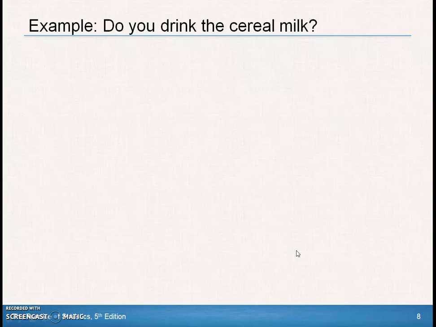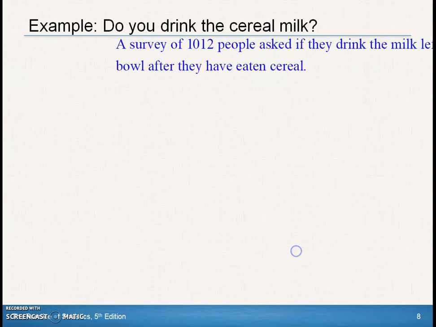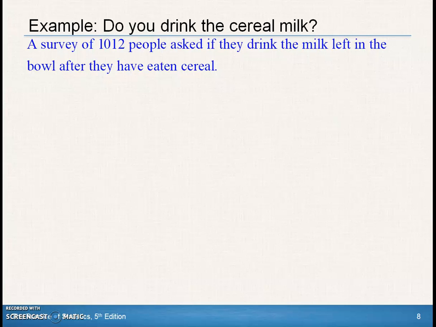So let's have an example, how we're going to use this stuff in problems. A survey of 1,012 people asked if they drink milk left in a bowl. This is not milk left by somebody else. Suppose you get your cereal and you put milk in it, and when you're done with the cereal, you have some milk left. Do you drink it?